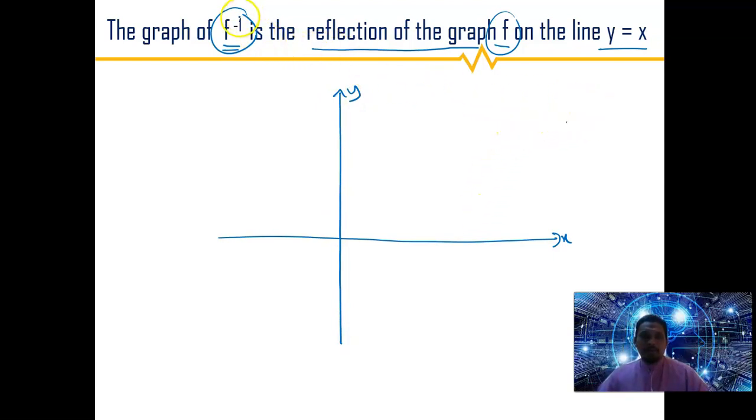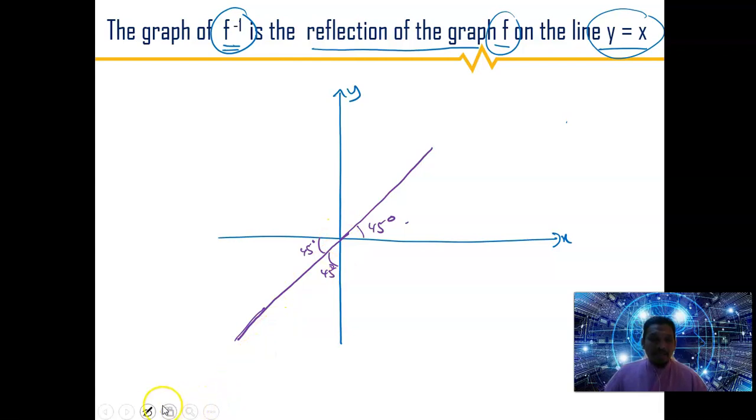Okay. So before we sketch the graph of f inverse and f on the same axis, we are going to sketch the graph of y equal to x. Y equal to x is a line that divides this quadrant into 2, where the angle between this line and the x-axis is 45 degrees, and also here 45 degrees and 45 degrees.